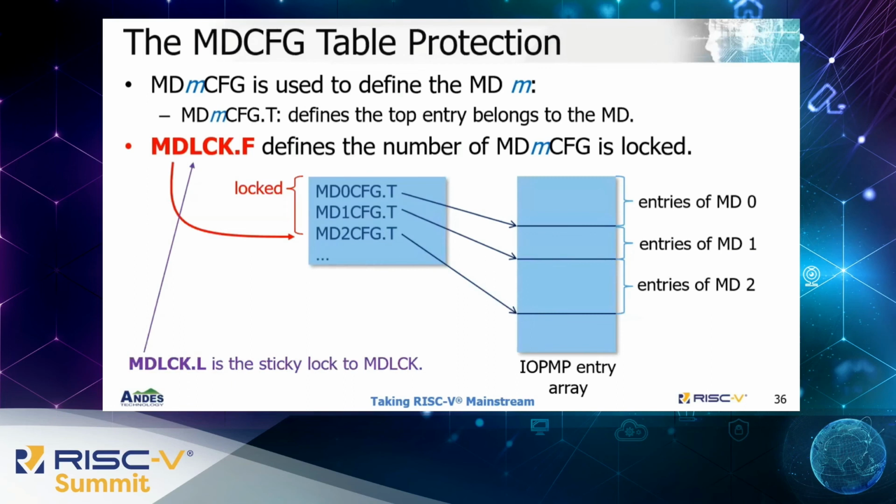We can achieve this by a loop of denying. However, using mdlck is more convenient and saves some memory domains and IOPMP entries. When you want to incrementally lock belonging of IOPMP entries during different stages, mdlck is even more convenient.